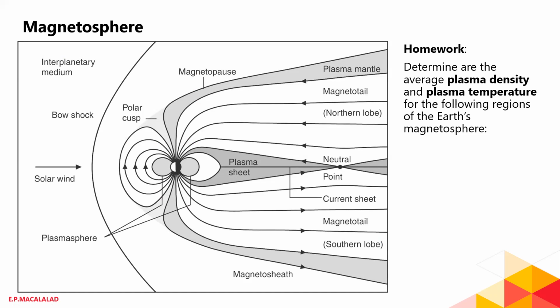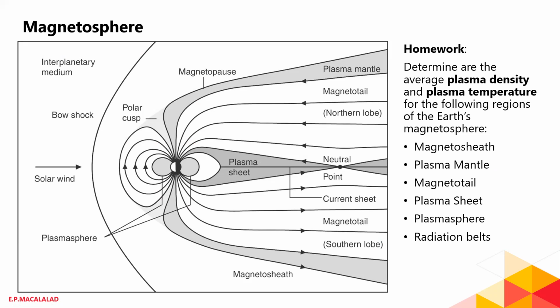I want you to determine the average plasma density and plasma temperature for the following regions of the Earth's magnetosphere. This includes the magnetosheath, the plasma mantle, the magnetotail, the plasma sheet, the plasmasphere, and the radiation belts. These 6 sections of the magnetosphere will have different plasma density and plasma temperature.